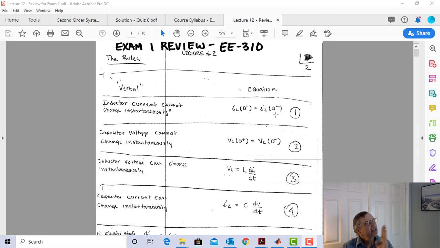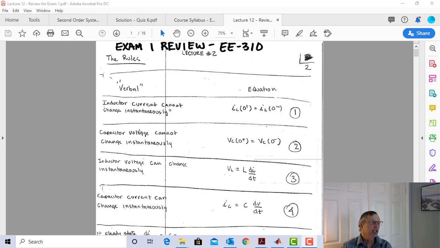Right at that instant of time equals 0, from time equals 0 minus to time equals 0 plus, that inductor current won't change. You'll see later here that the voltage can change across the inductor, but the current through the inductor won't change at t equals 0.